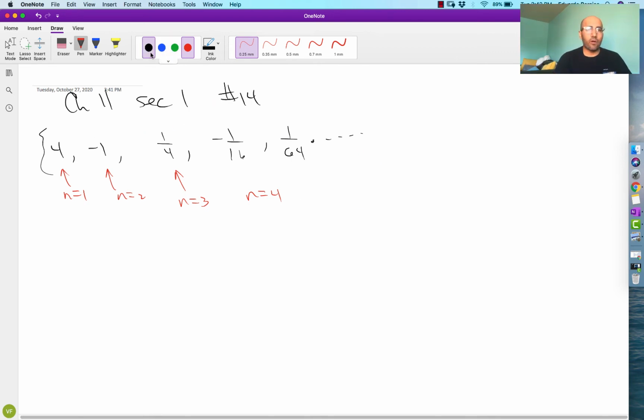So the alternating signs, that seems like it's going to be something like this, or -1 to the n plus 1. Either one of these, depending on whether I want to start with a positive or a negative, so we'll play around with that to get the alternating signs part of it.